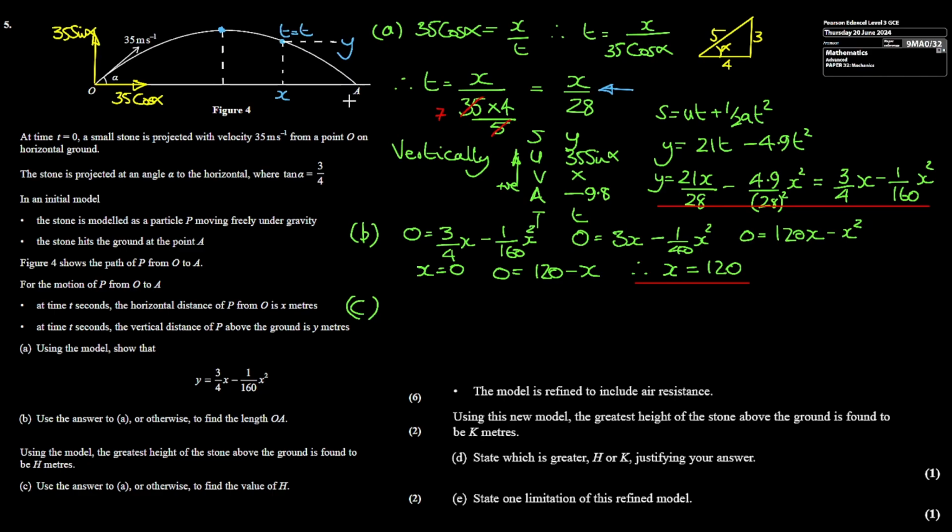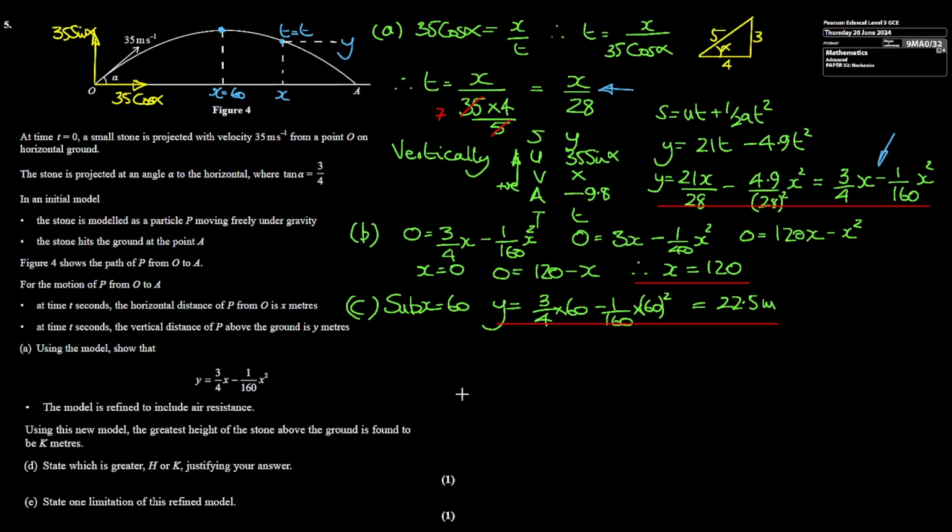It's because we found the total distance from O to A. The greatest height will be achieved halfway along that value. So this is the point where x is equal to 60. If I substitute x equals 60 into our model equation, I shall get a value for y. And if I work that out, I get a height of 22.5 metres. And that's the answer for part C.